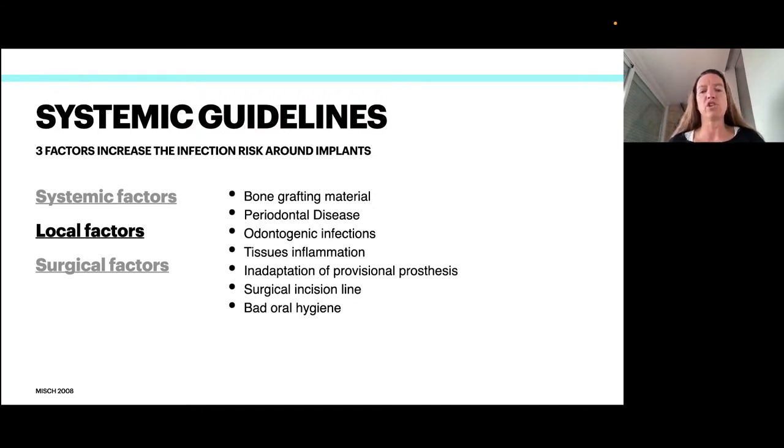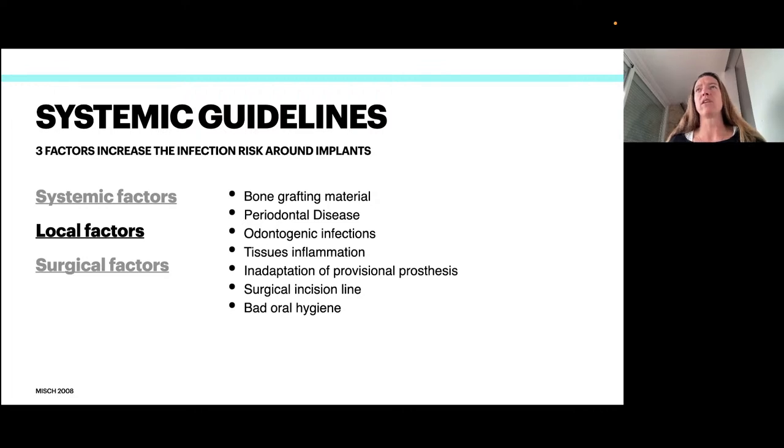The same with tissue inflammation: it is very important to instruct the patient very well before the surgery on oral hygiene habits, so that the patient gets other types of oral hygiene habits. For the cases of immediate function, it is very important to understand that poor adaptation of the provisional prosthesis can create infection around the implant.